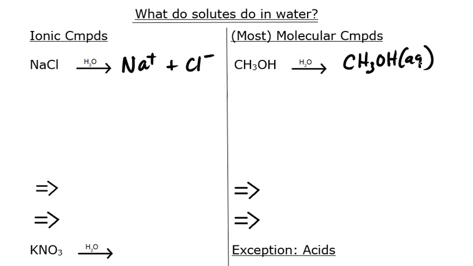All right, and the two ions in an ionic compound, or two ions in sodium chloride, get what we call hydrated by the water. So they separate in the water, and the water molecules solvate around them such that the negative part of the water, the oxygen, faces toward the positive ion, the sodium.